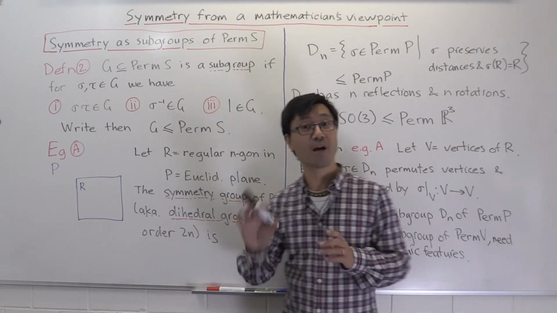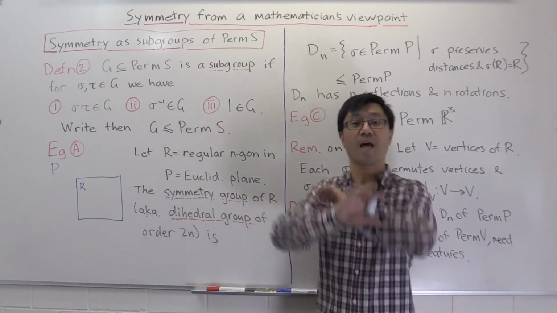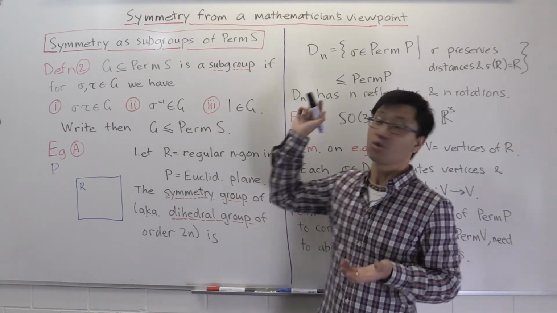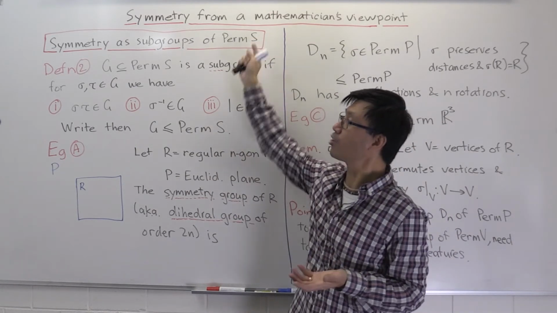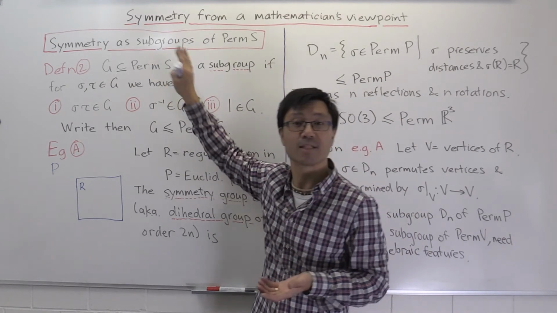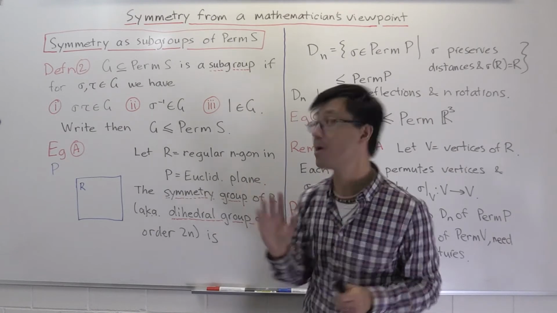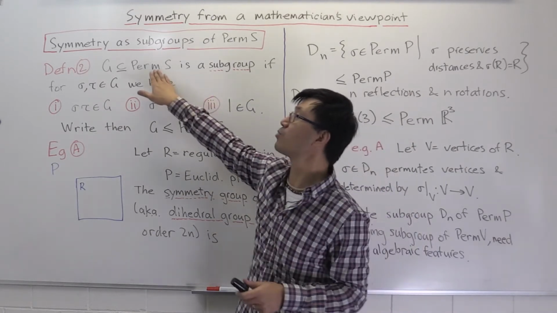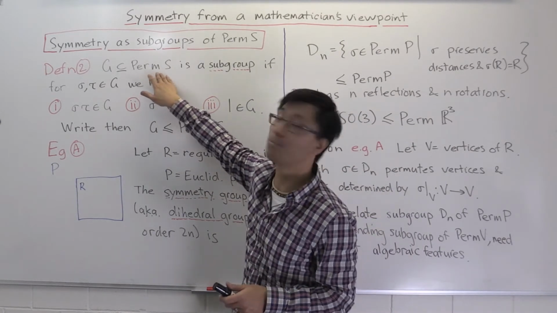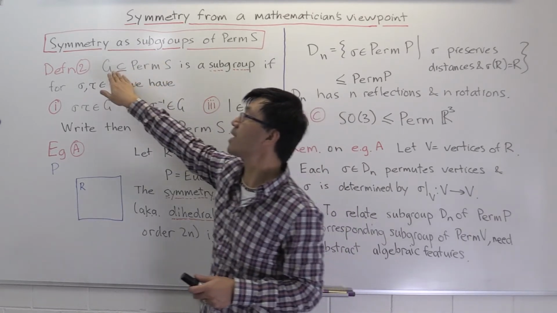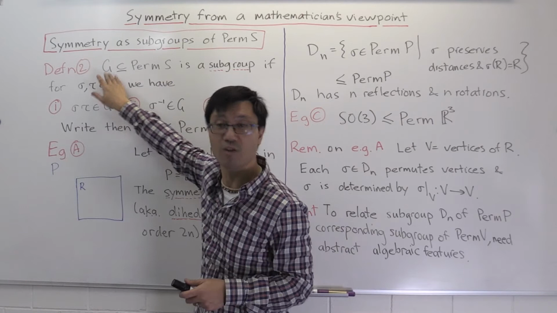Okay, so now we've defined the permutation group, which gives the ambient environment in which to talk about symmetries. To talk about symmetries of an actual object, we need to look at subgroups of the permutation group. So let me define that for you right now. Suppose we have this set S and we consider its permutation group, the set of all bijections from S to S, and we have a subset G of that.